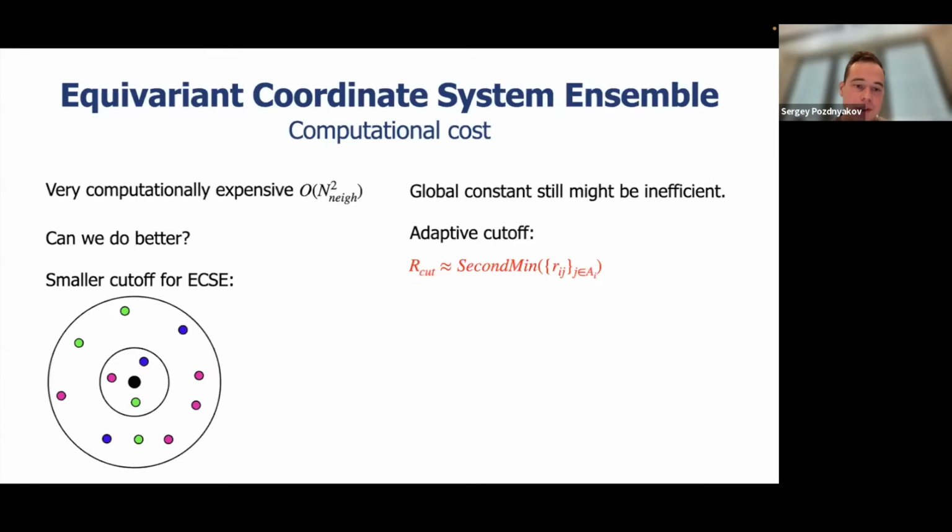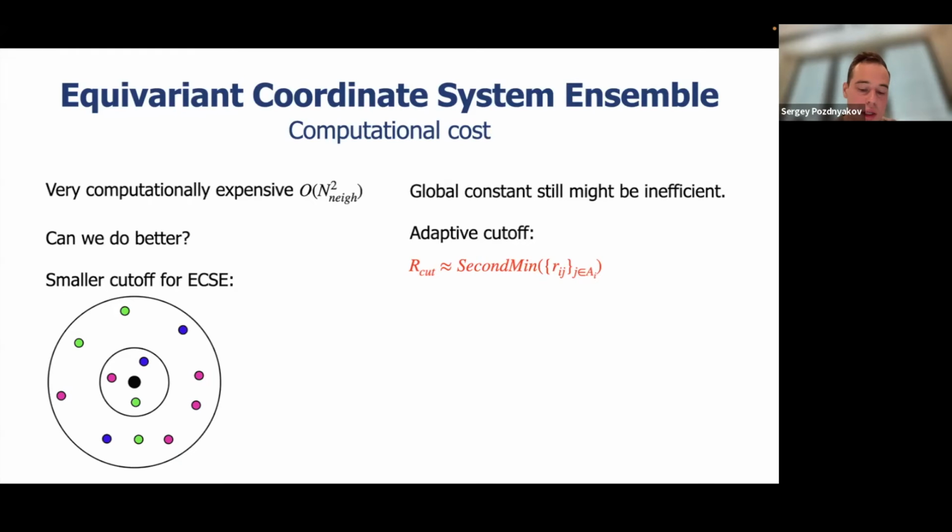The first observation is the smaller the cutoff, the better. The smaller the cutoff, the fewer the number of neighbors, so the fewer the number of coordinate systems used by our symmetrization protocol, and thus the higher the computational efficiency.